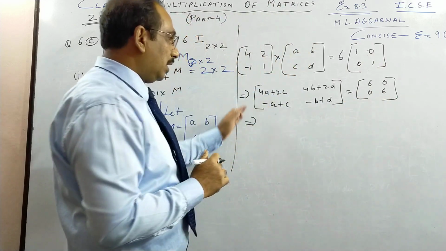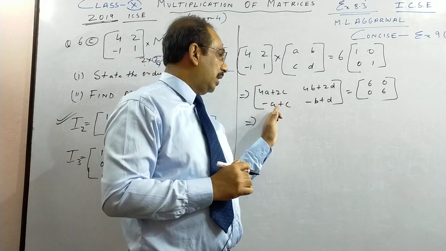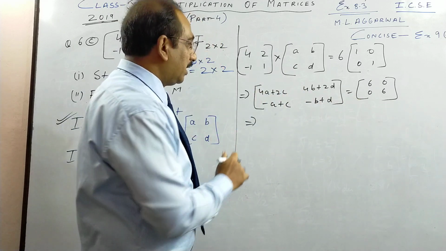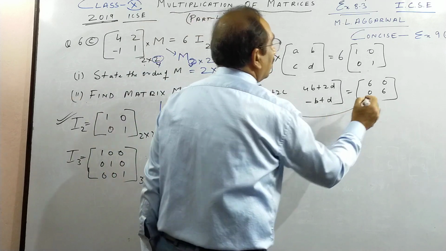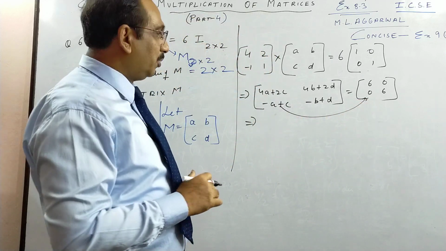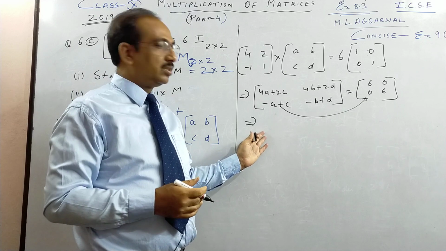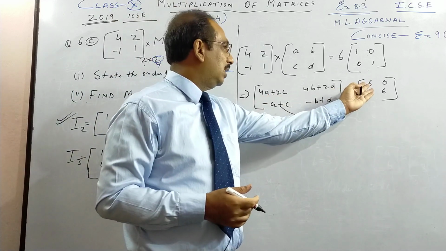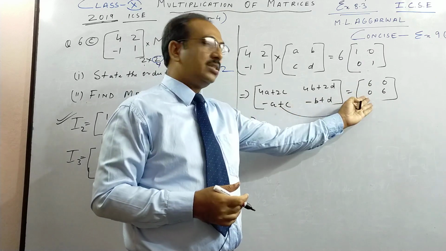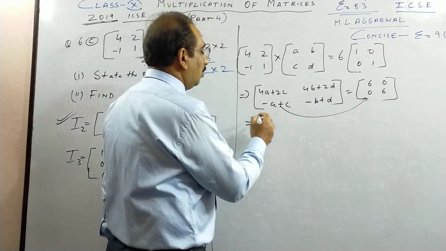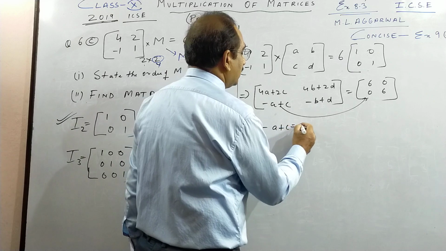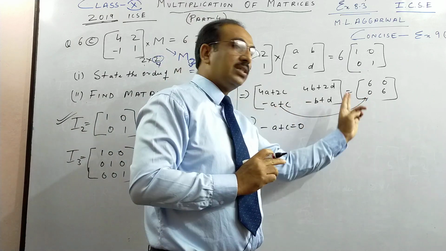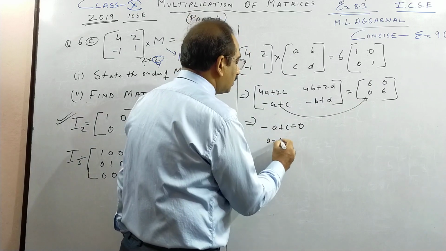There are two ways of solving. You can take simultaneous equations like some books and teachers do, but I'll teach you one very important and easy method, because I love solving equations. You could have taken 4a plus 2c is 6, minus a plus c is 0, simultaneously. See how I am doing it. Minus a plus c is 0. When two matrices are equal, their corresponding elements are equal. So here I get a equal to c.